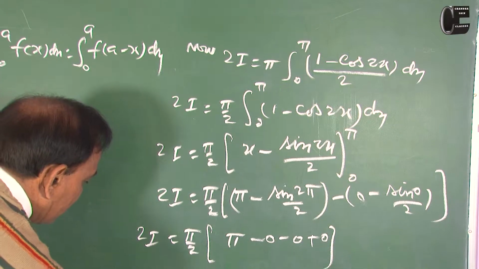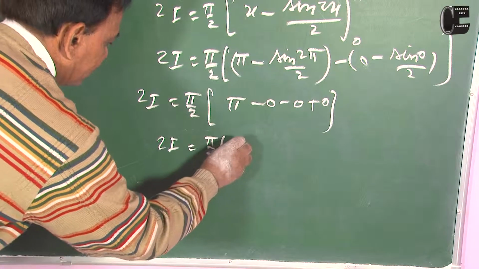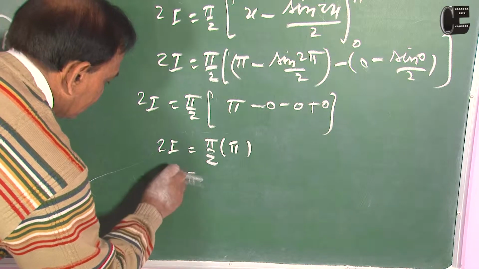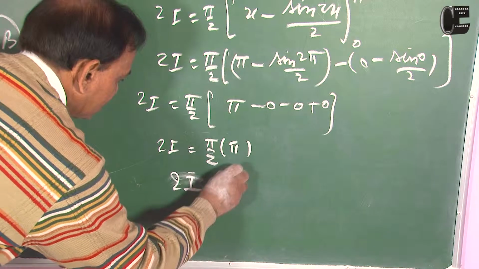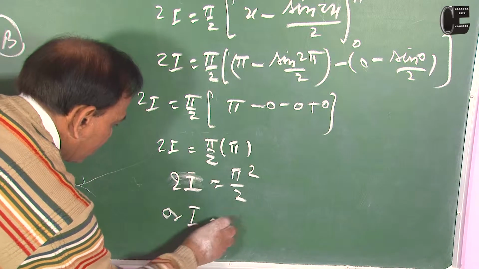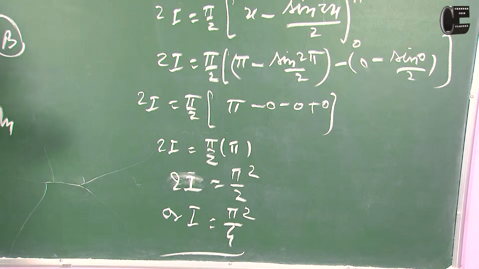Therefore 2I equal to pi by 2 into pi. Therefore 2I equal to pi square by 2, or I equal to pi square by 4. This is your answer. Yes.